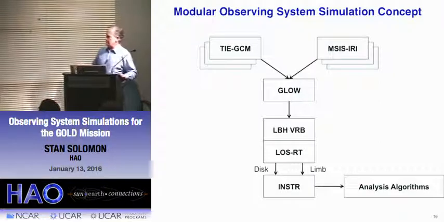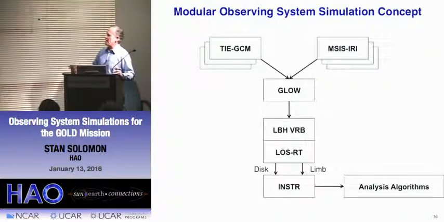The idea is that you have a modular system where each of these arrows is actually a file-based transfer. That facilitates multi-institution approaches, and it facilitates swapping components in and out.